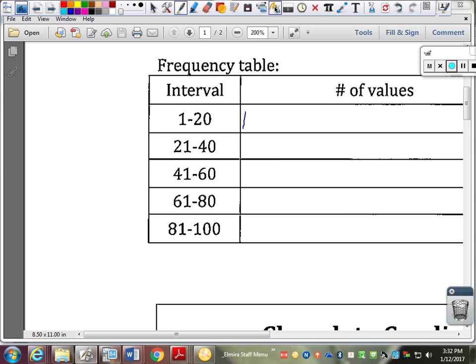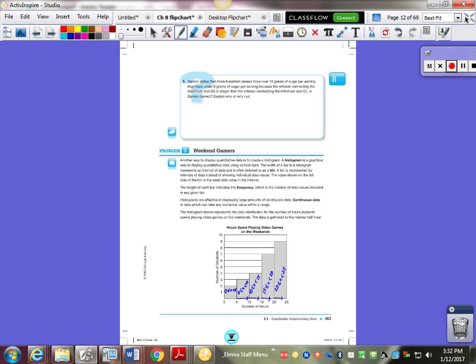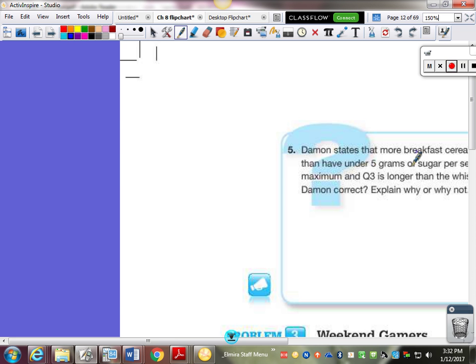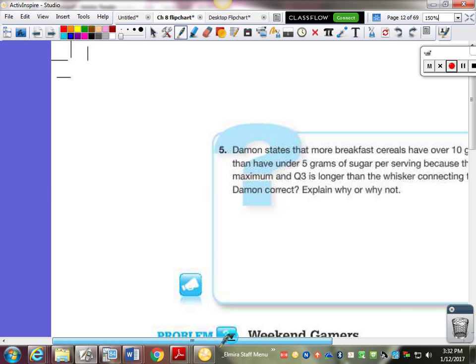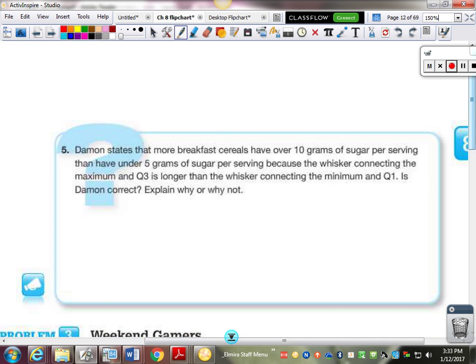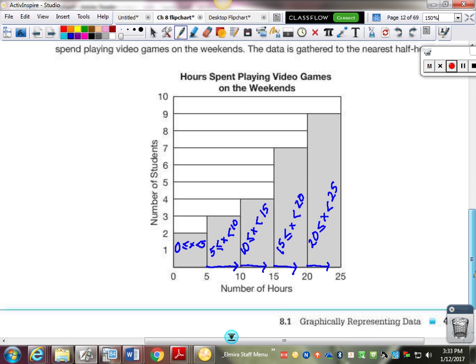We can't put one there, and we also can't put it there because it's in between 20 and 21. So the whole dash system is only good for discrete data. As soon as you can have decimals, it doesn't work anymore. So then we have another way of writing intervals, which is with complex or compound inequalities.